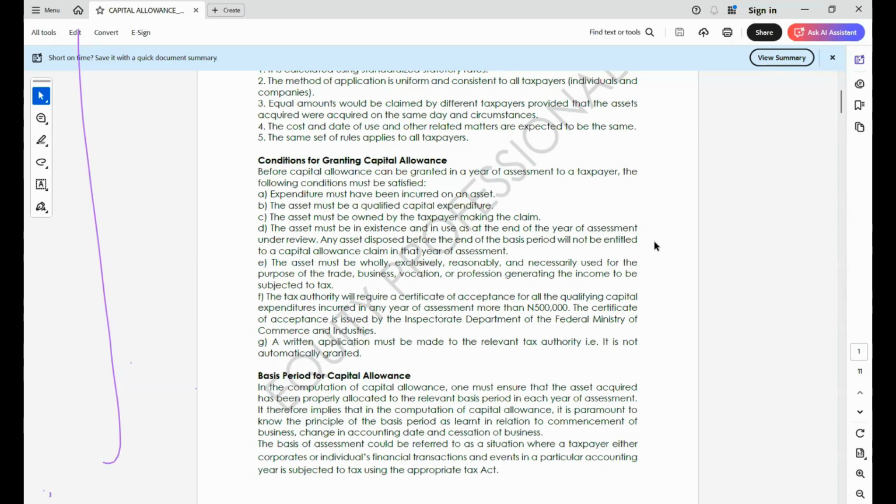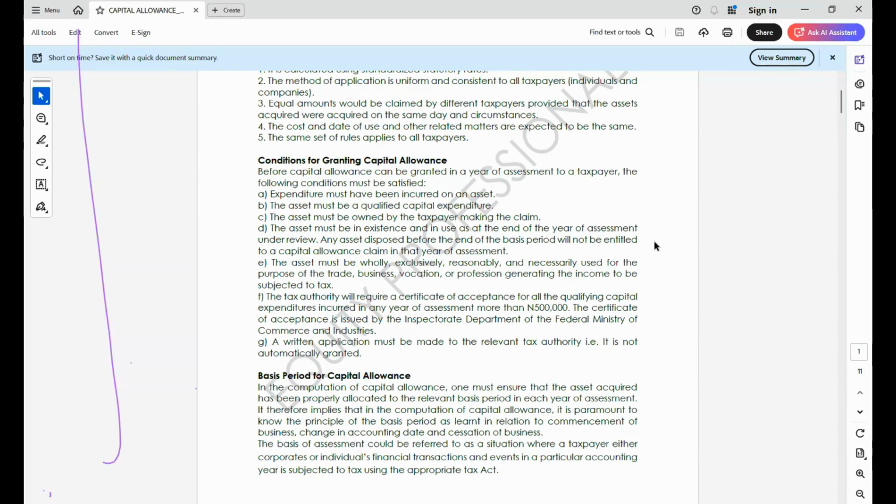As we all know, we mentioned that the Finance Act has abolished what is called overlapping and gap in basis period. It is possible that we may not have overlapping and gap in basis period during commencement of trade or such a scenario again.